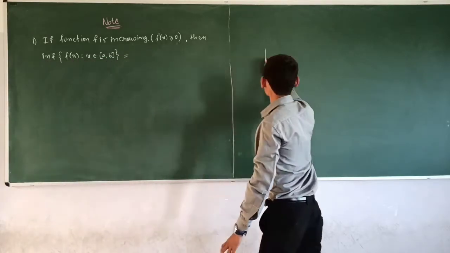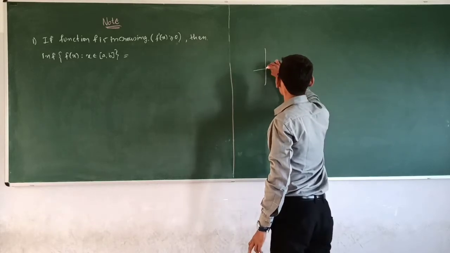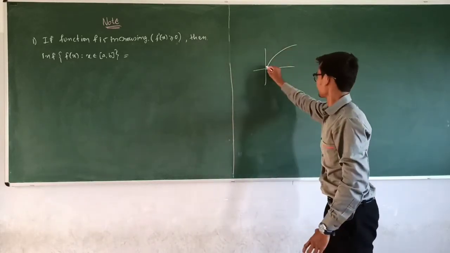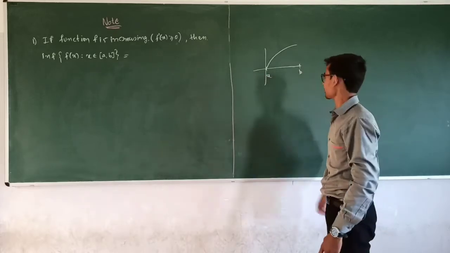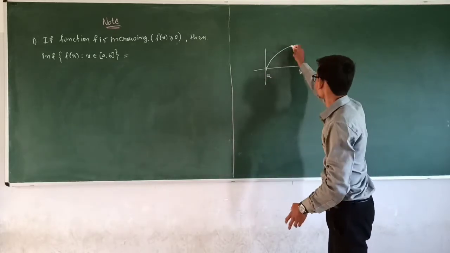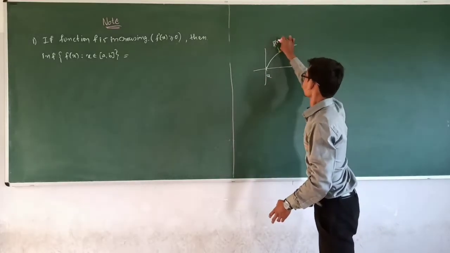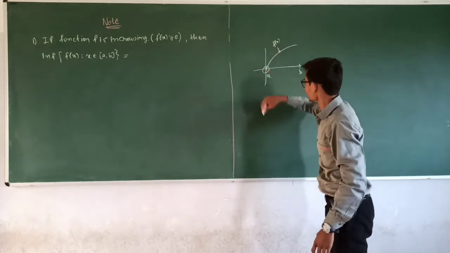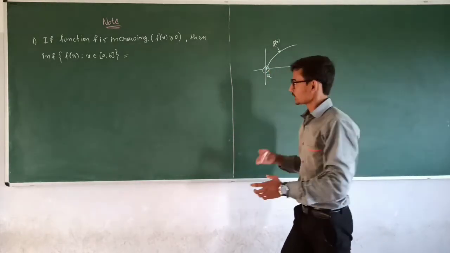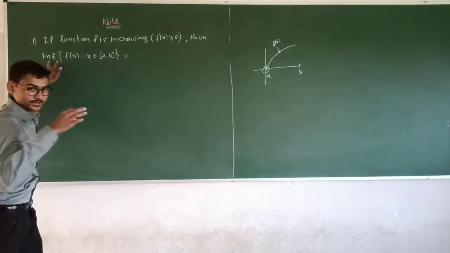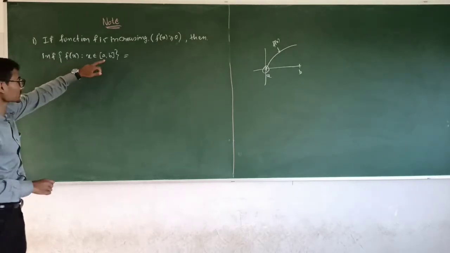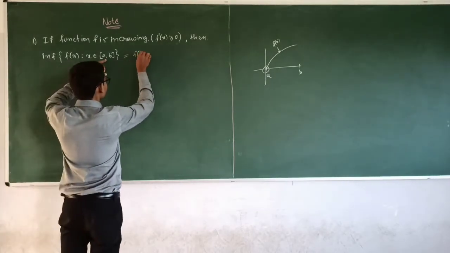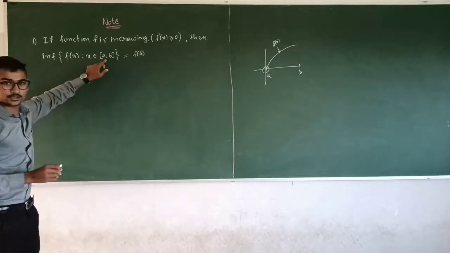Function is increasing means, suppose this is our a, this is our b. What is the infimum value of f of x? That is our f of a. So the infimum value of the increasing function is f of a.